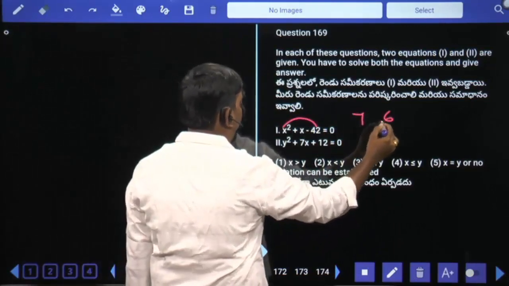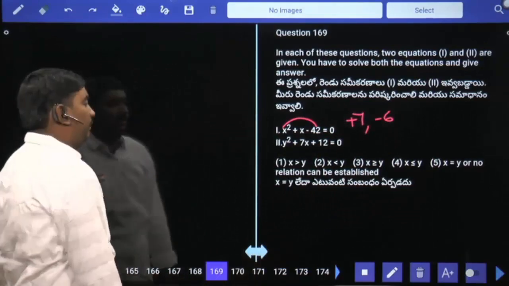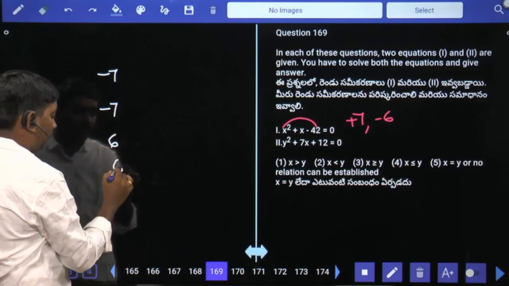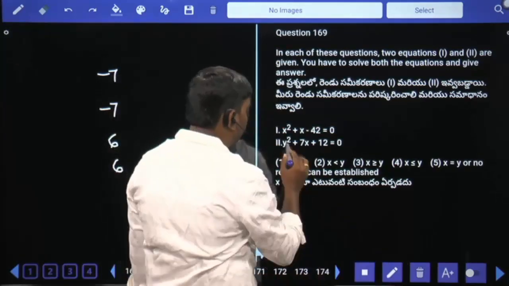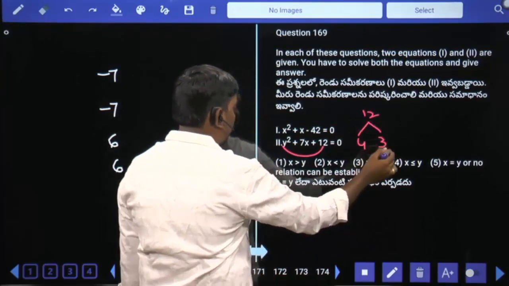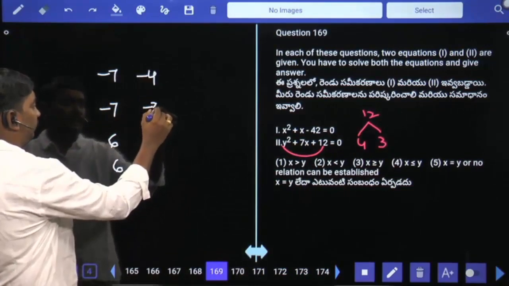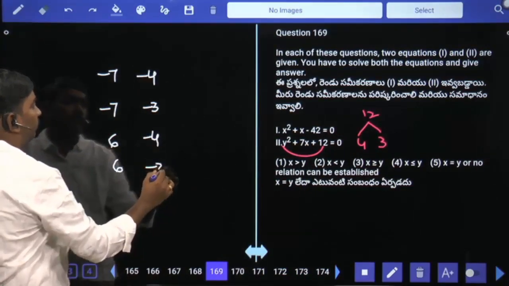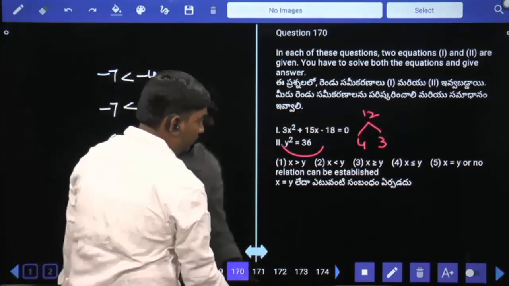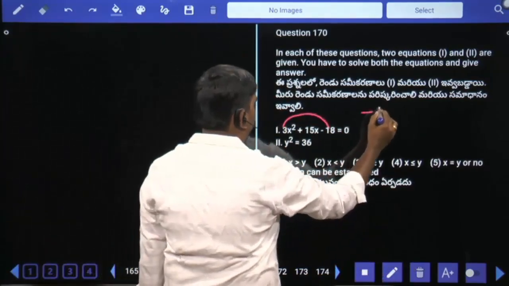7 sixes are 42, plus 7 minus 6 will give us plus 1. Initially plus 7 minus 6, finally minus 7 plus 6. 12 ones are 12, 4 threes are 12, 4 plus 3 will give us 7, finally minus 4 minus 3. Less than, greater than, no relation is your answer. 18 threes are 54.